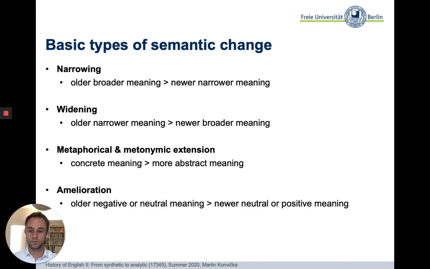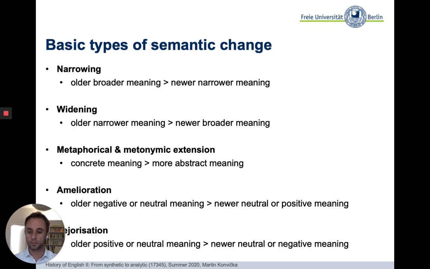Then there are two related changes. One of them is amelioration, where the older meaning was a negative one or a neutral one, and the newer meaning becomes more positive, right? So if the older one was negative and the newer one is neutral, this is also amelioration. And by the same token, if the older one was neutral and the newer one is positive, then this is also amelioration.